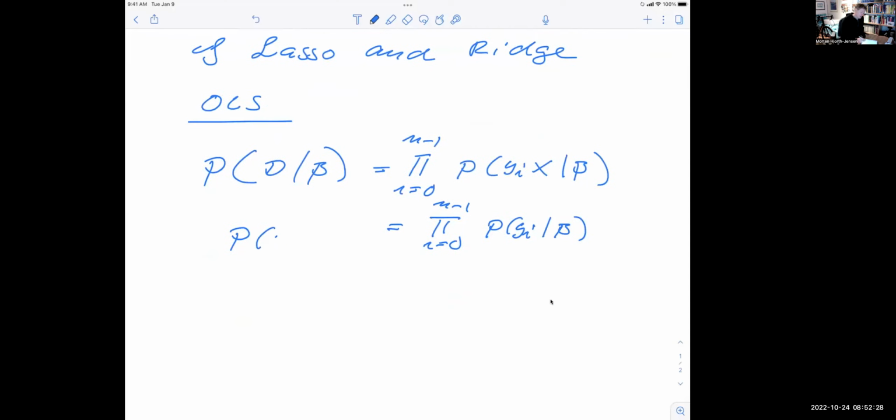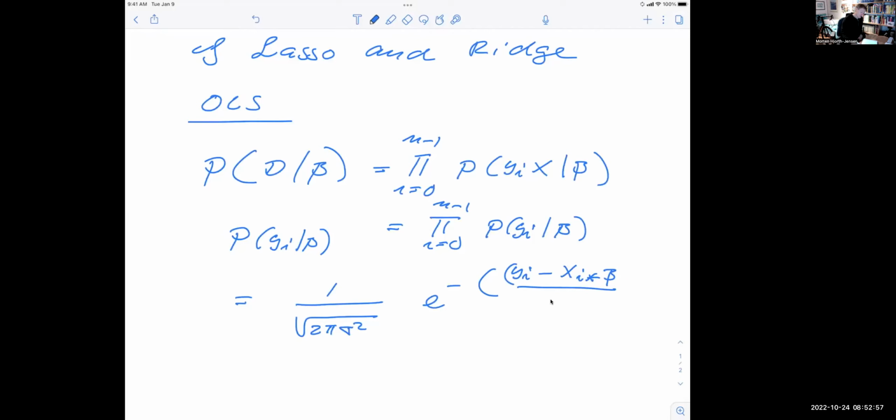So this probability P of y with a given beta is something which we now write out in terms of a normal distribution. So we would have 1 divided by the square root of 2 pi sigma squared, and then e to the minus, y_i minus x_i times beta, and let me just quickly remind you of what that is.